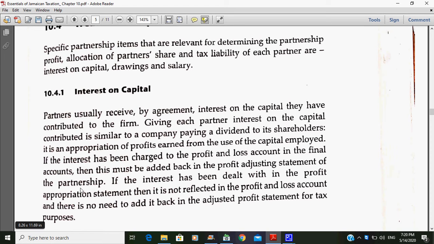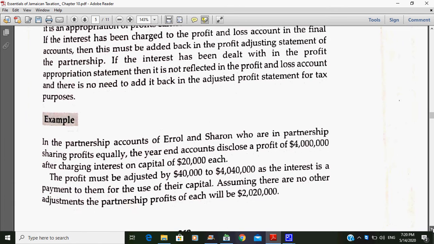If the interest has been dealt with in the profit appropriation statement, then it is not reflected in the profit and loss account, and there is no need to add it back in the adjusted profit statement for tax purposes. Let's look at an example now.